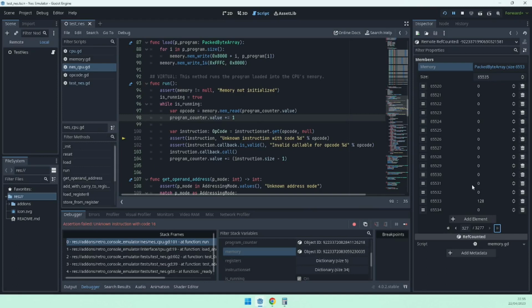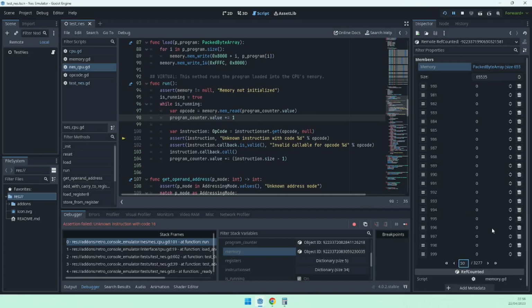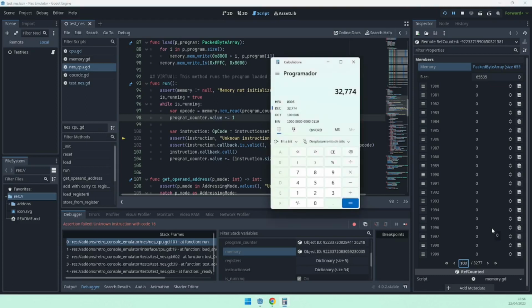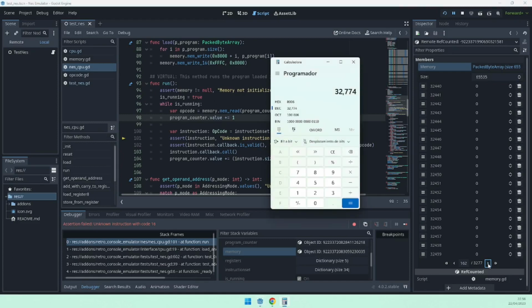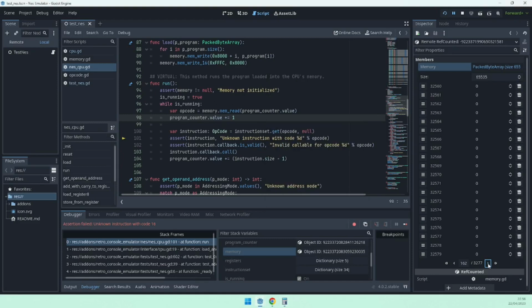Oh, I can navigate like this. Well. Let's find our program. 7074.